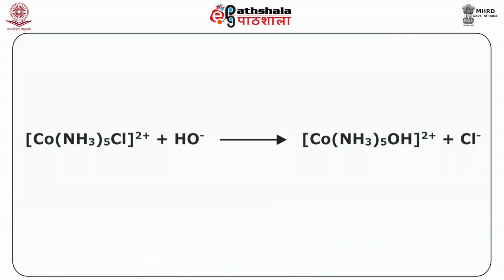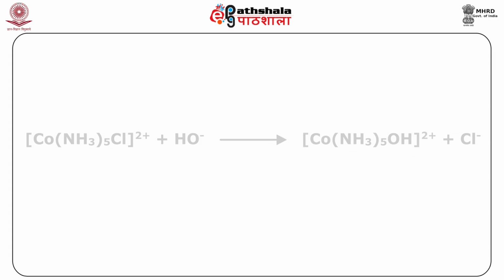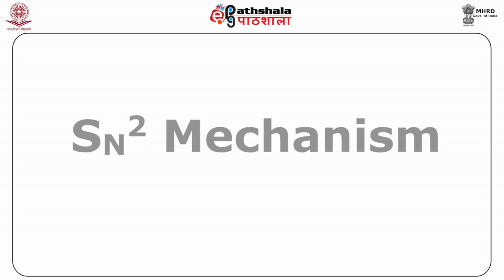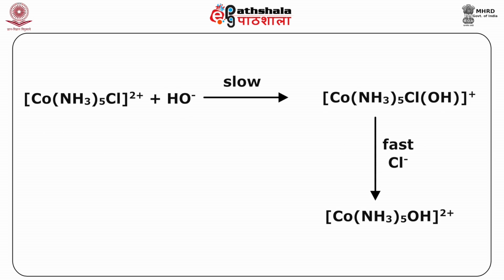Amine complexes of cobalt(III) have been studied very well with respect to base hydrolysis. For example, when [Co(NH3)5Cl]2+ reacts with OH−, the product that forms is [Co(NH3)5OH]2+ plus Cl−. This can proceed by either of two mechanisms. The SN2 mechanism we are putting here.